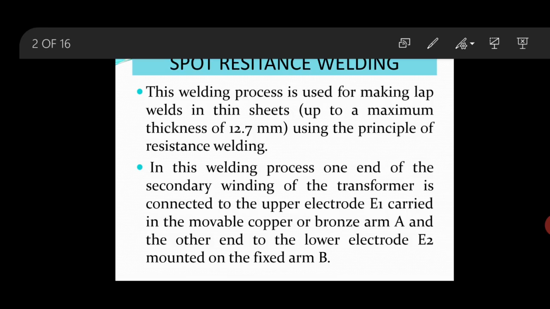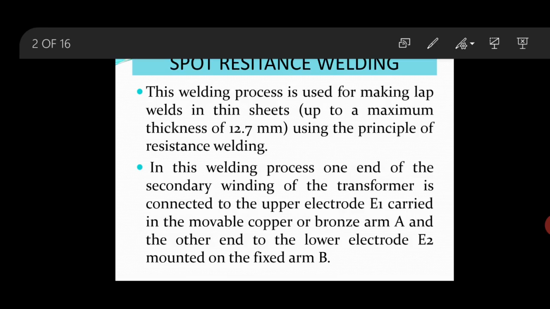One end is connected to the upper electrode, named E1 in the diagram, which is carried in the movable copper or bronze arm A, and the other end is connected to the lower electrode E2 mounted on the fixed arm B.